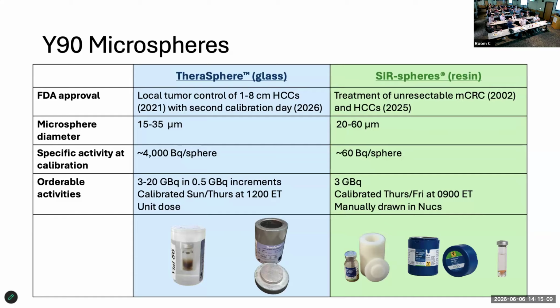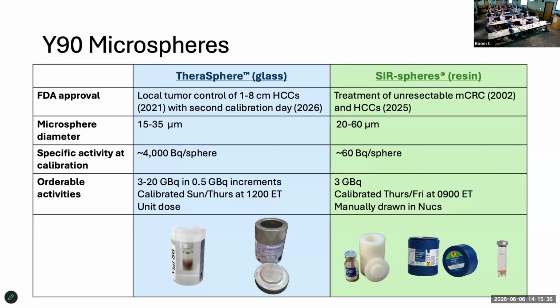So as I mentioned, I primarily work with TheraSpheres, but SurSpheres have also been around for a very long time, even since the 1980s. SurSphere was actually the first radioactive microsphere to gain FDA pre-market approval in 2002. And that was only for unresectable metastatic colorectal cancers. However, they recently got their FDA pre-market approval for HCCs in 2025.